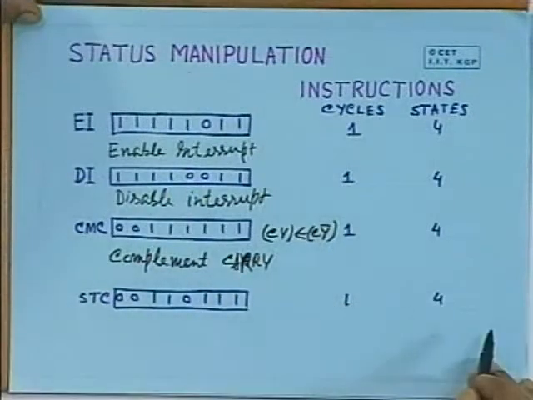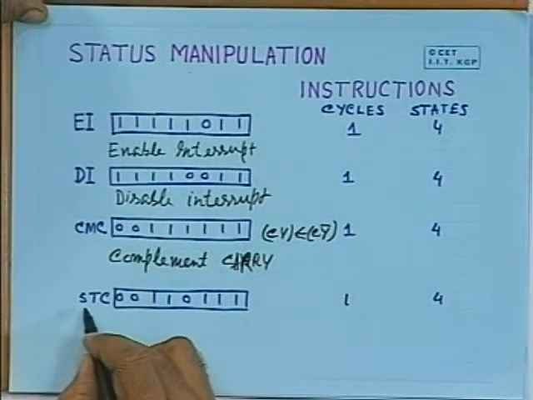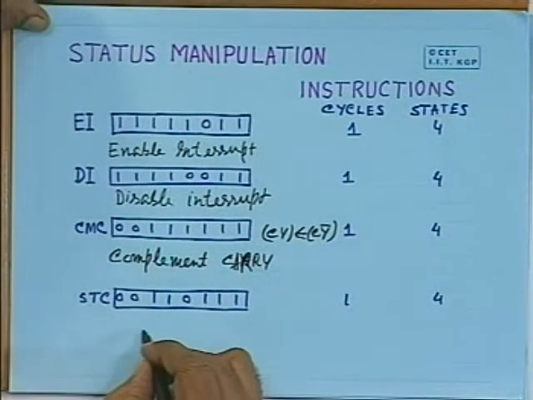We have already discussed those conditional branch and conditional subroutine instructions. There we have seen that the program can be written based on the value of that carry flag bit. That means the branch can take place based on this value, and that value is getting modified here. Similarly, this STC, that is, set carry.